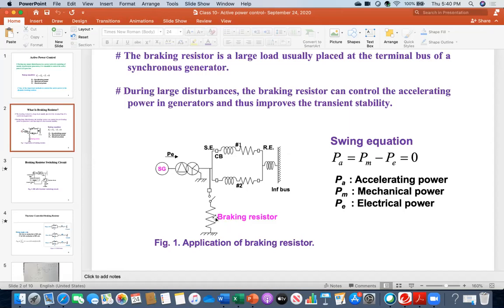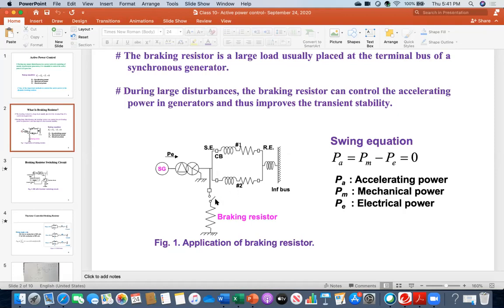Now, what it will do: you see there is a switch, and you can easily guess this is an automated switch that will be connected during fault. If you connect a resistor, the resistor will consume power. For example, there is no braking resistor and there has been a fault along this line or this line, and then P will go low, and high current is flowing in the network.